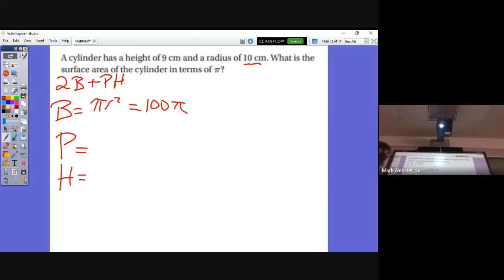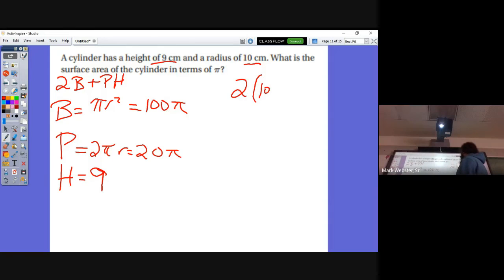And then perimeter is 2 pi r. So 2 times 10 pi is, and then the height, they just tell us is 9 straight away, which is great. And then I just do the problem. 2B plus Ph.